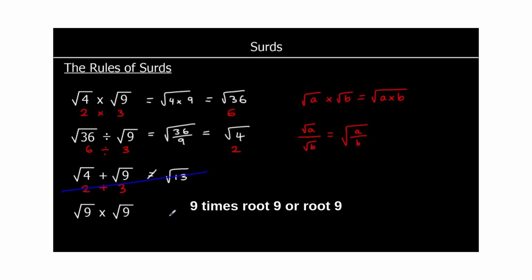And root 9 times root 9, or root 9 squared. So square rooting and squaring are the opposite of each other. So if I've got a square root and I square it, I end up with what I started with. So root 9 times root 9 is equal to 9. And I can show you that's true by doing 3. Root 9 is 3, and 3 times 3 makes 9.